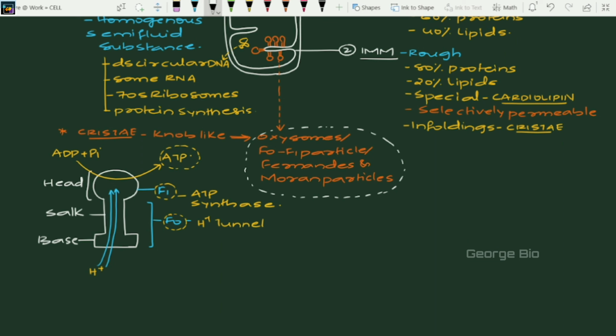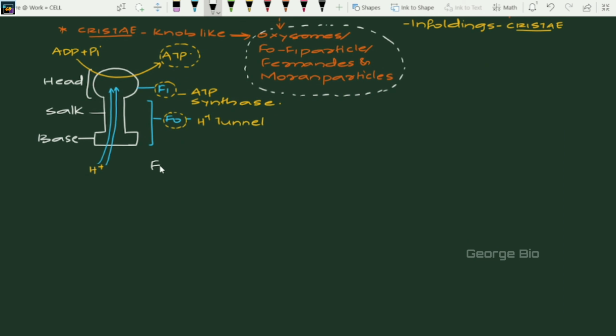Let's go with the functions of mitochondria. It helps in aerobic respiration, where in the aerobic respiration, there are 4 steps that are present. That is glycolysis, link reaction, Krebs cycle, and ETS.